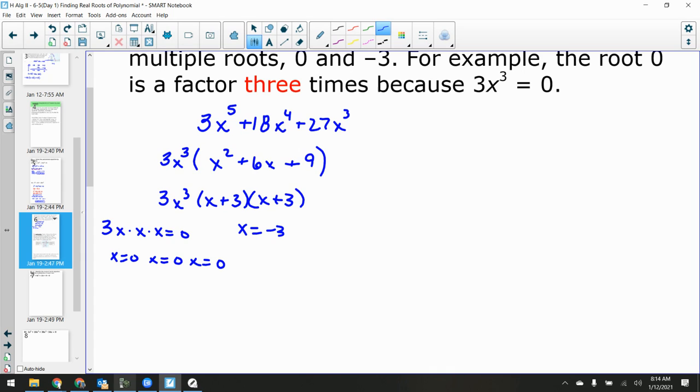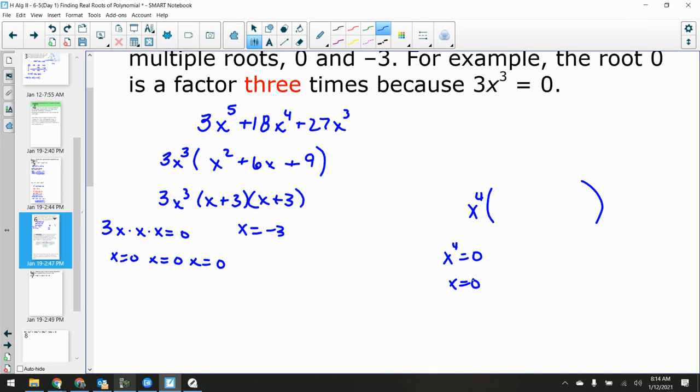How many times? Well, the amount of the power. So if you removed a GCF of an x to the fourth, and you set that x to the fourth equal to 0, you're going to get x equals 0, but it is a multiple root. It's actually there 4 times, because that would be x times x times x times x. So the root is actually there 4 times.